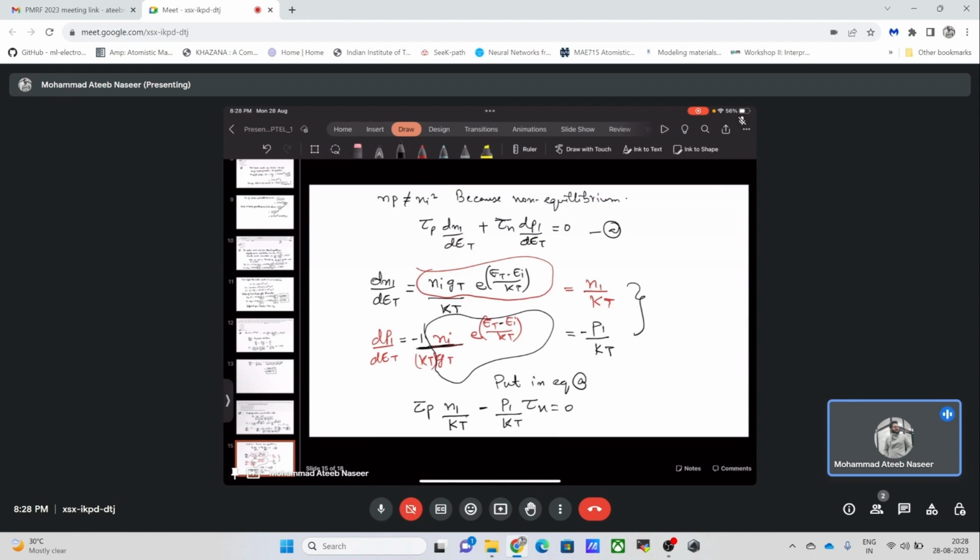So kT and kT will go, and we will be left with n1/p1 equal to τn/τp.